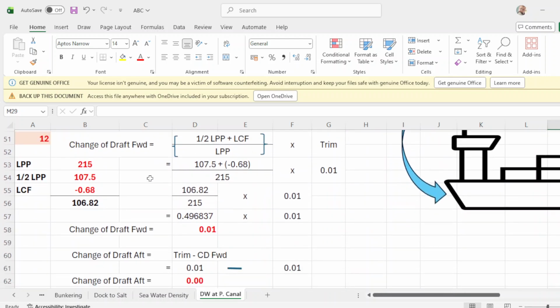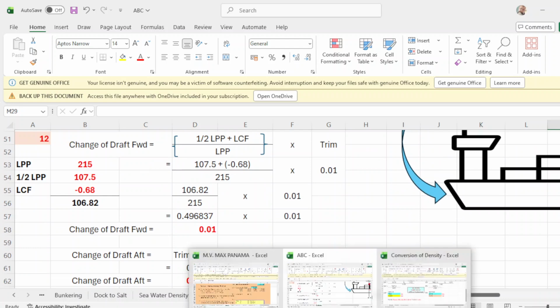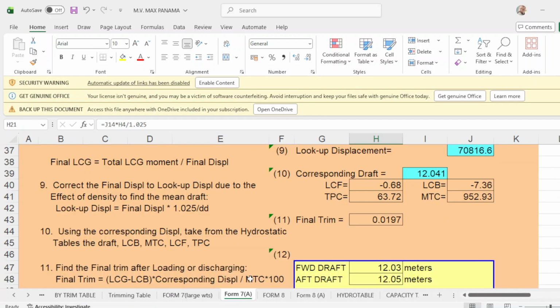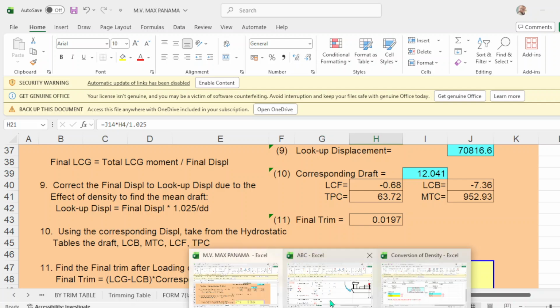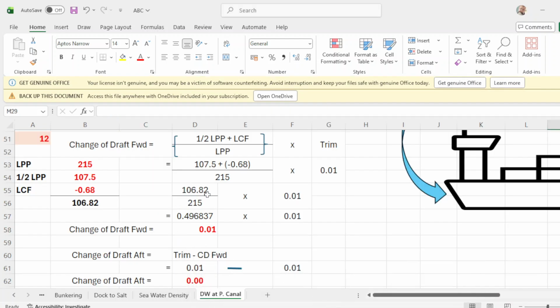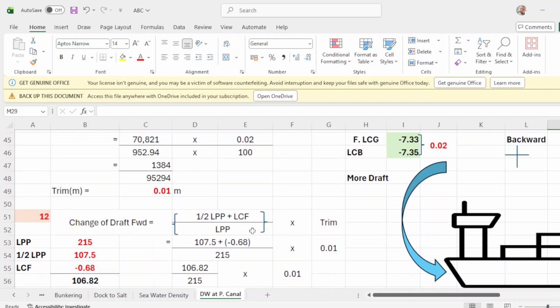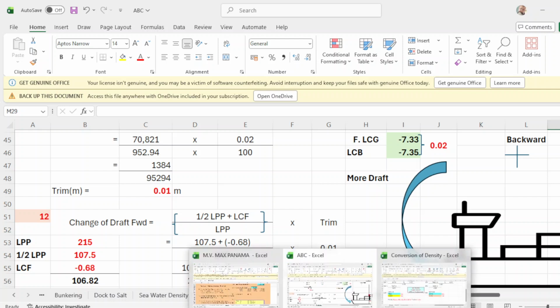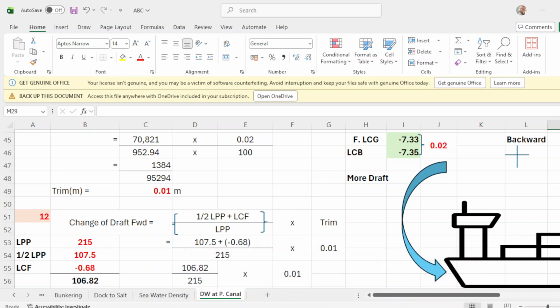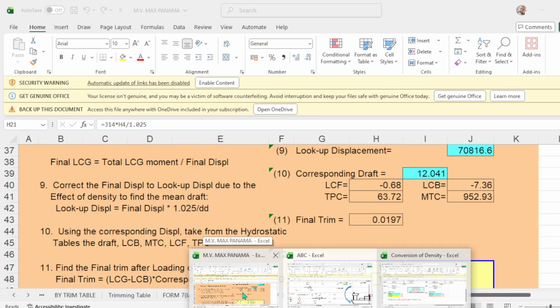Then you compute for number 12. So here, your final trim is 0.019. The manual computation, the trim is 0.019, or 1 or 2.